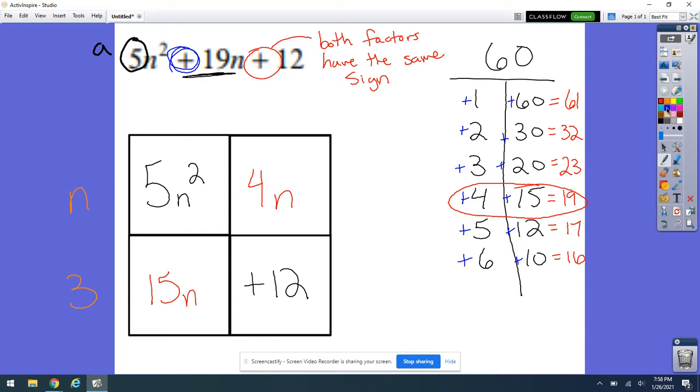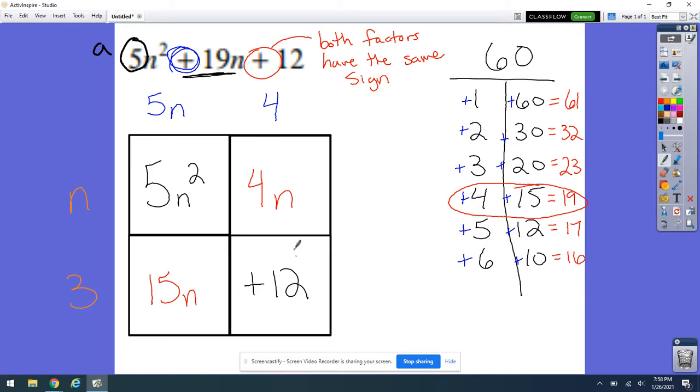So now I got to look at this column here. I have a 5 and a 15. I can factor out a 5 from here and a 5 from here. And notice that they both have n, so I can also factor out an n. I take a look at this next column. I have a 4n and a 12, so I can take out a 4 from each one.